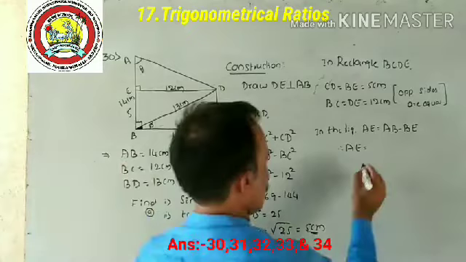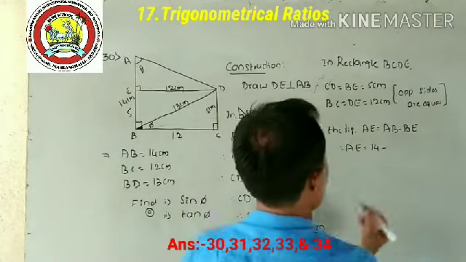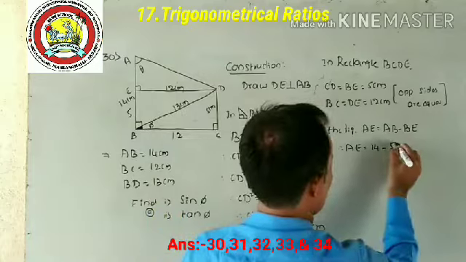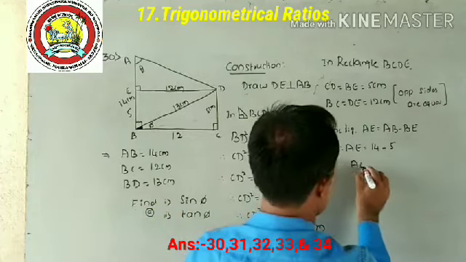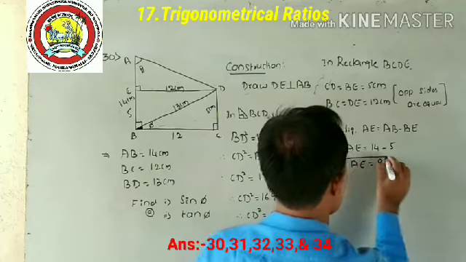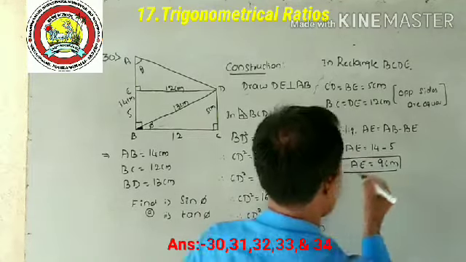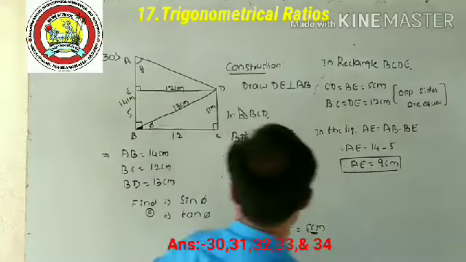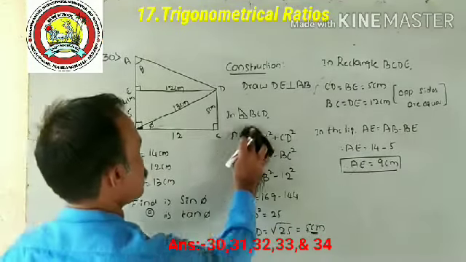That is 14. Minus, what is the value of BE? Just now we got that, it is 5. Therefore, the value of AE is equal to 9 centimeters.